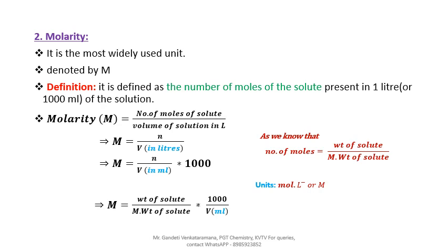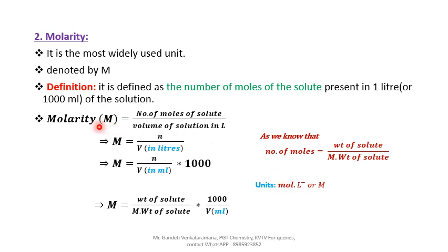So what is the unit of molarity? How do you measure the unit of molarity? Please don't memorize the units of anything. Always you can calculate or derive the unit by using the formula. So what is the formula?